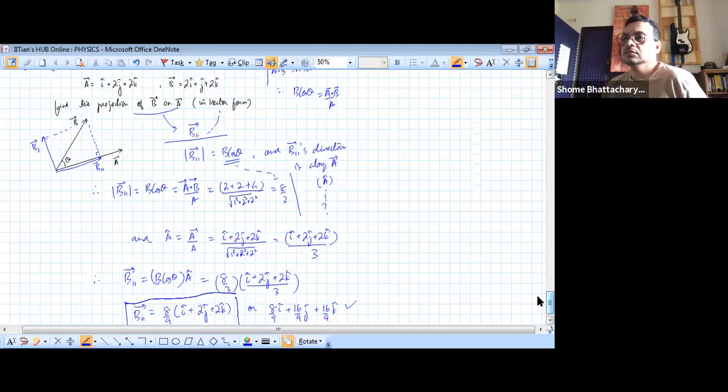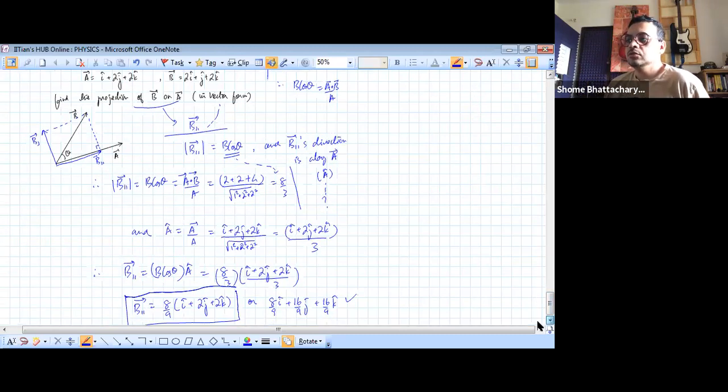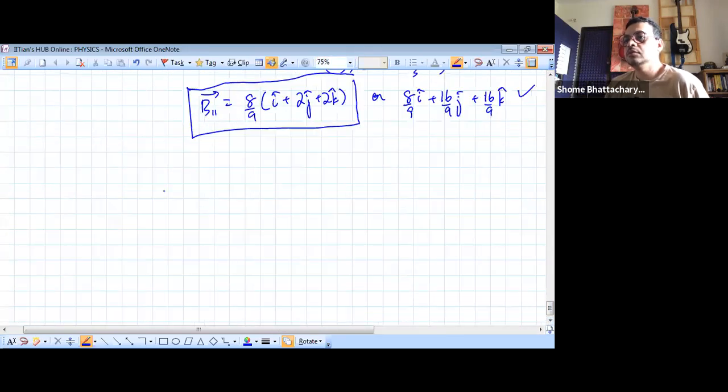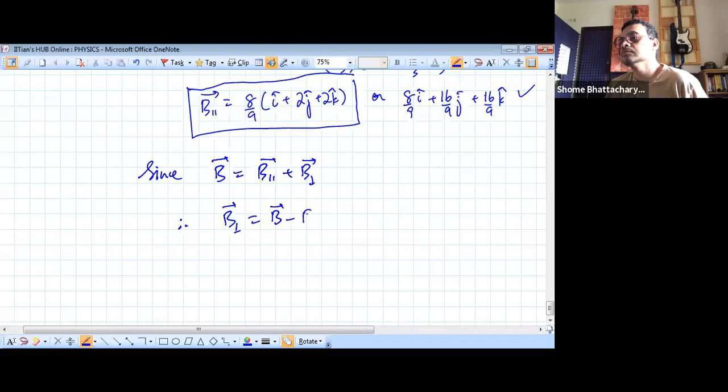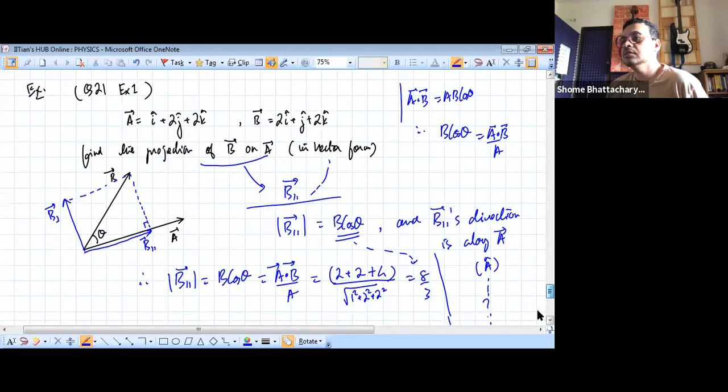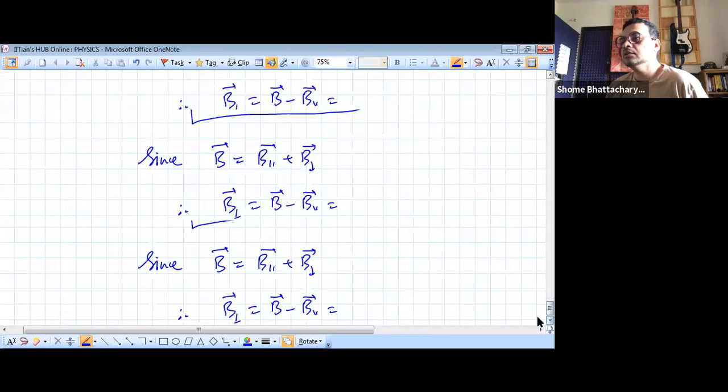Okay, so hope this is clear. Now, to find the perpendicular component, since the vector B is the sum of the parallel component plus the perpendicular component, therefore, the vector B was, I think, 2i plus j plus 2k, right?